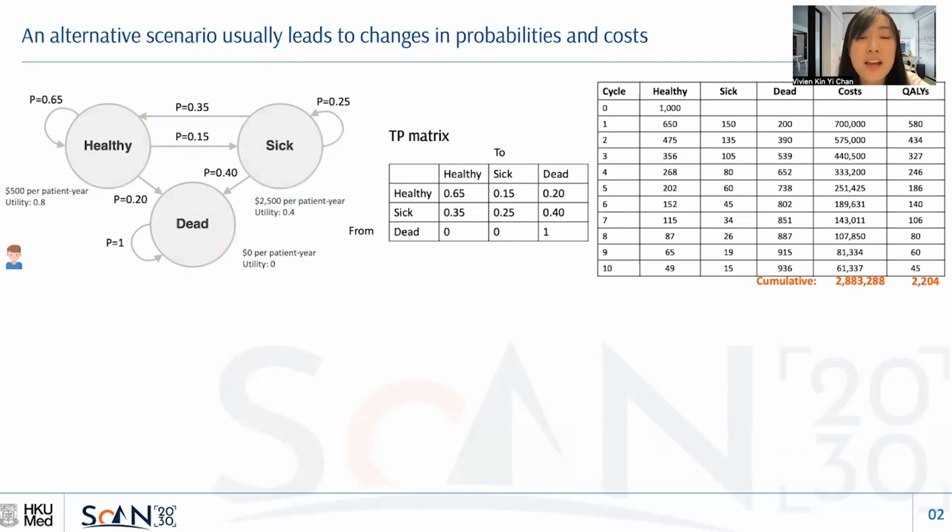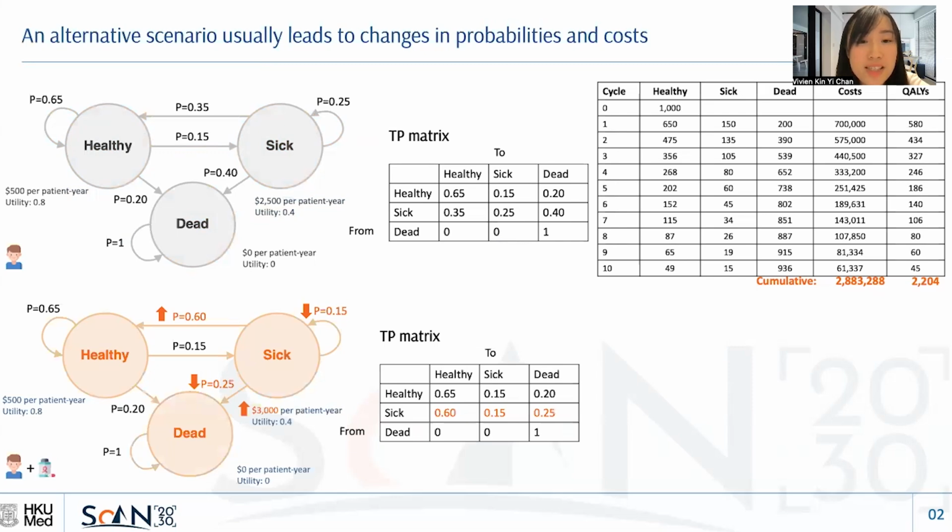So we can repeat the entire process for the scenario of what if the patients receive a new innovative therapy. This kind of scenario usually has a different set of transition probabilities, cost per state, or sometimes even a different set of utilities per state compared with the old scenario.